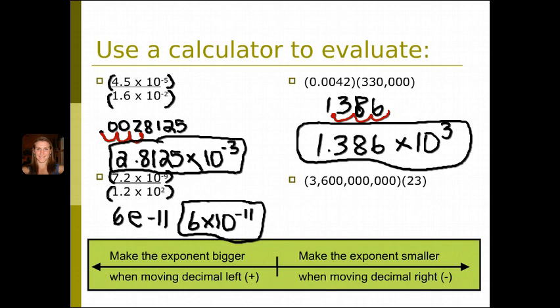Let's see, we have 8, 2, 8. And we're going to have the same amount of zeros. We had 8 zeros. Okay, so this would be our answer.